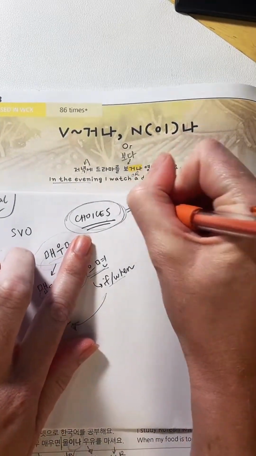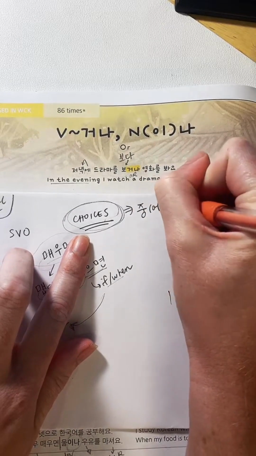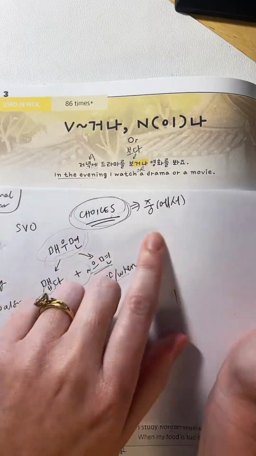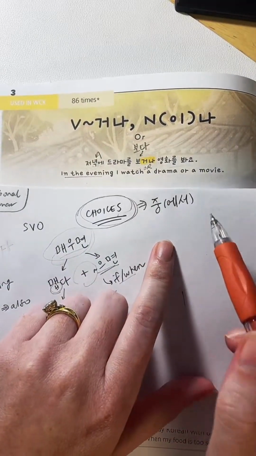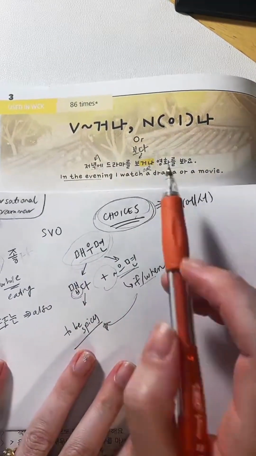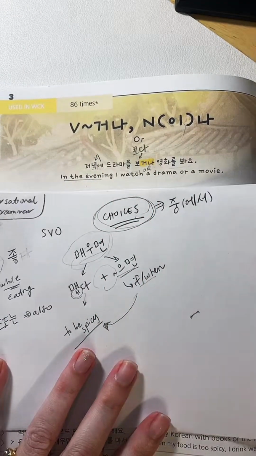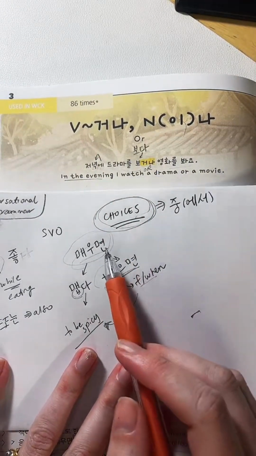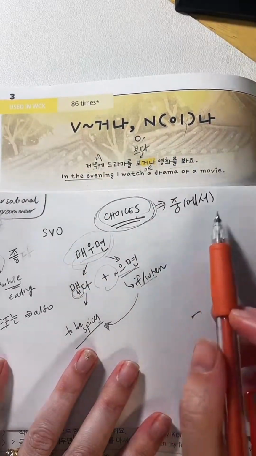When you're asking someone to make a choice, you use the 중에서 grammar form to do those things. So, if you use na or kona in those sentences, people will understand you, but it's just not super natural. We haven't learnt this grammar form yet.